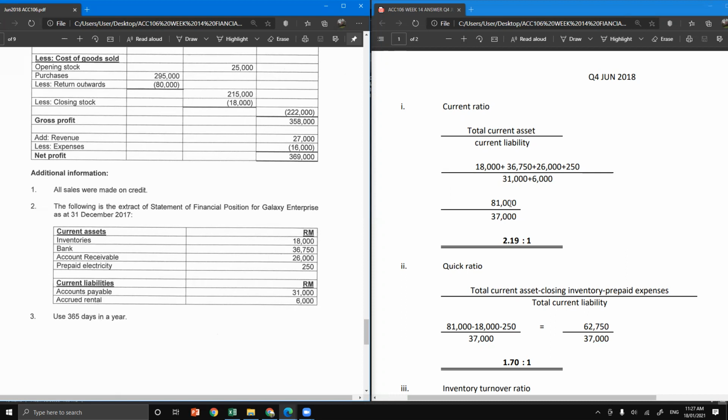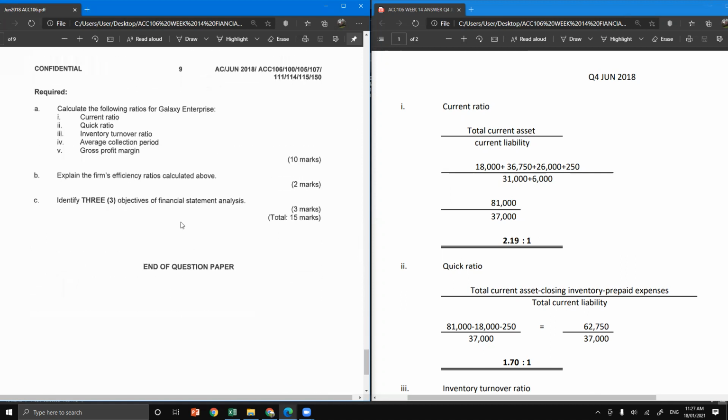For the current ratio, 81,000 ringgit divided by the current liabilities of 37,000 will give you the answer of 2.19.